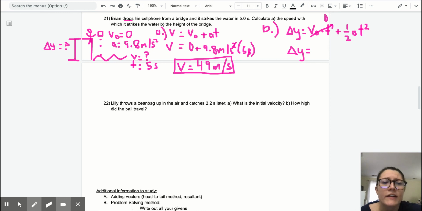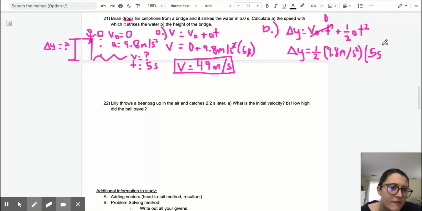We then have 1/2 times 9.8 meters per second squared, which will get 4.9. Sorry, that looks more like a 19. This should be a parenthesis. Times t squared. Do not forget to square the time, which is 5 seconds. So 5 squared, we get 25 seconds squared.